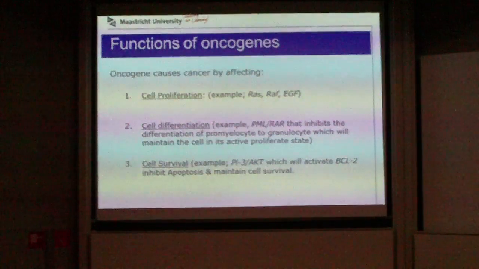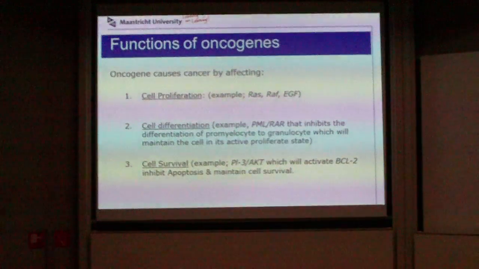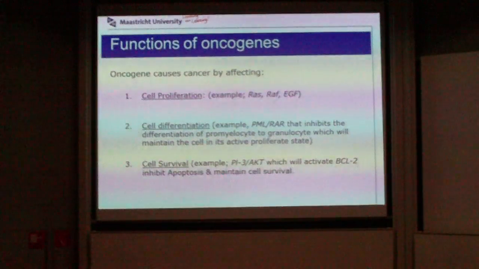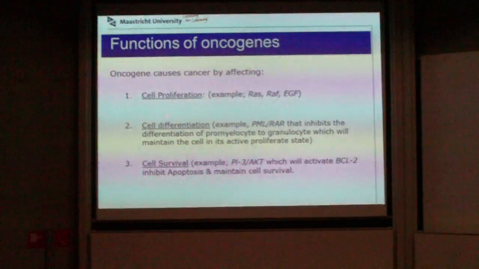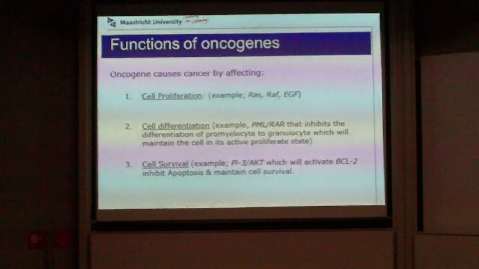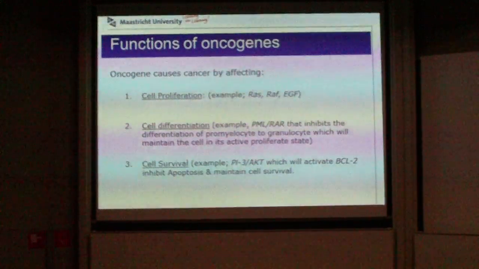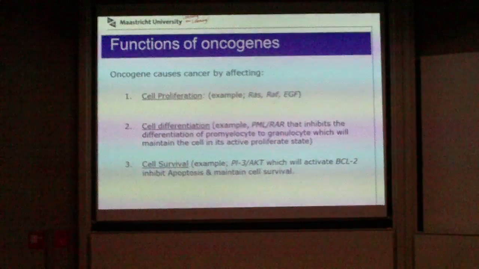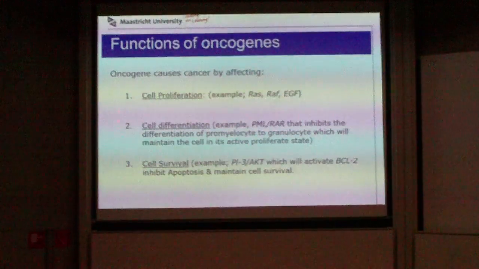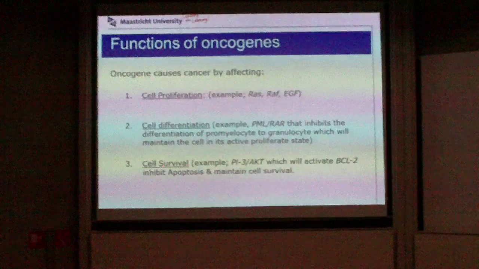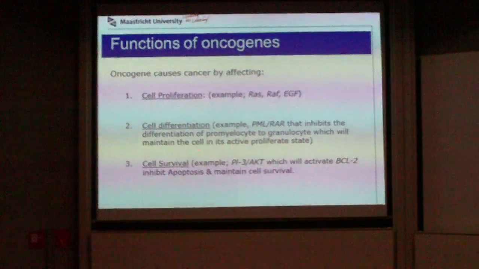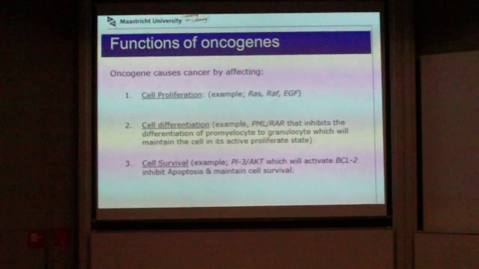So these are some examples of functions of oncogenes. By affecting cell proliferation, the RAS gene or RAF are examples, and EGF, so they stimulate cell proliferation. Cell differentiation, some other genes, so they can maintain the cell in the proliferative state.